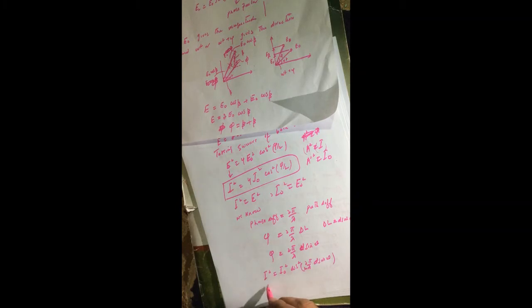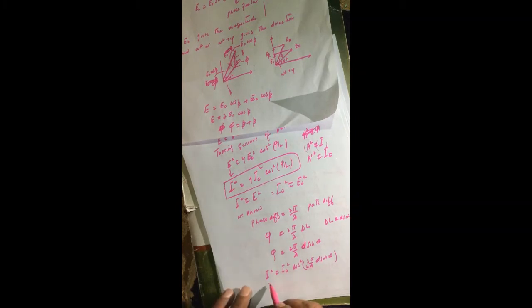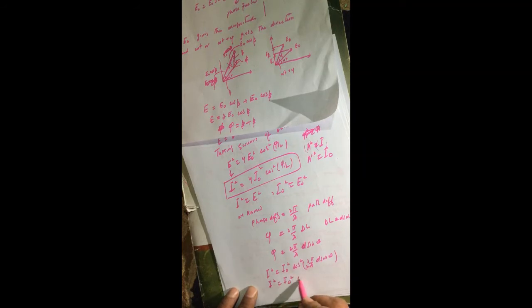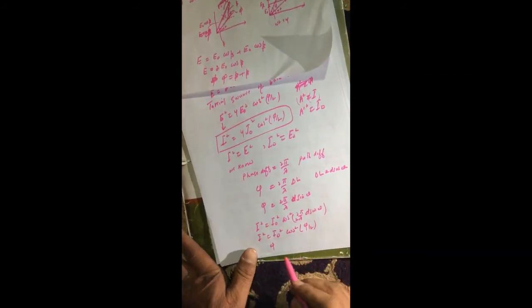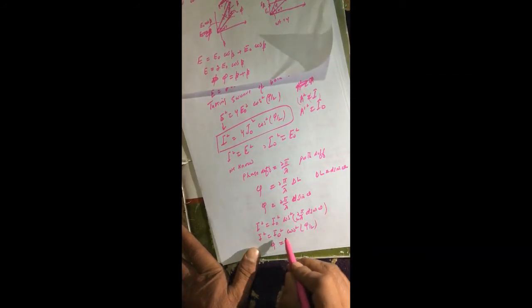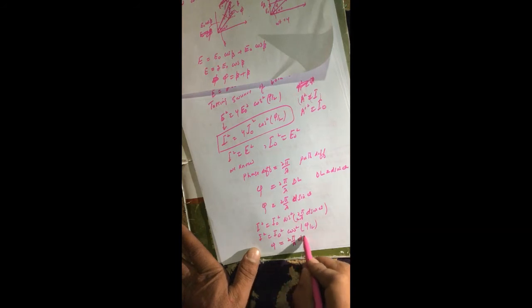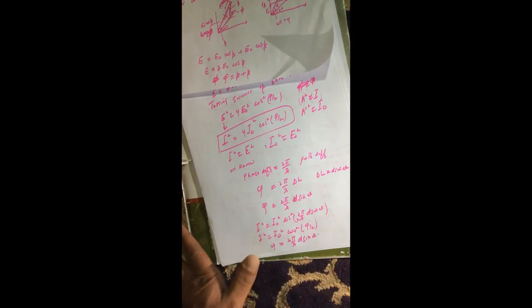We can write it as I square is equal to I naught square cos square phi divided by 2, where phi is 2 pi over lambda d sine of theta.